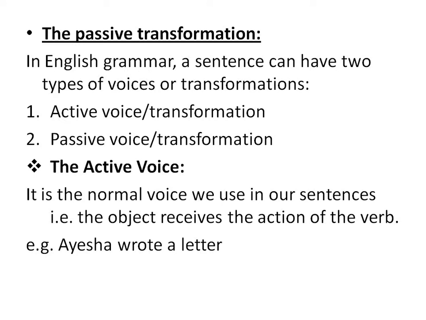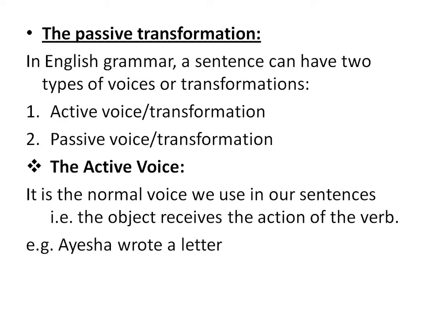Just take an overview of what the active voice, or active transformation, is. It is the normal voice we use in our sentences, where the object receives the action of the verb. It is the normal sentence structure in English grammar: the subject is the doer, then we have the verb, the action, then the object.